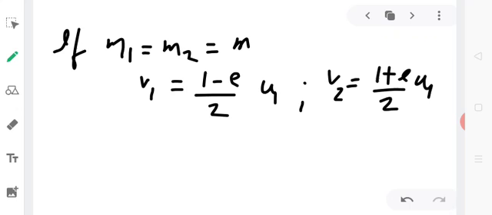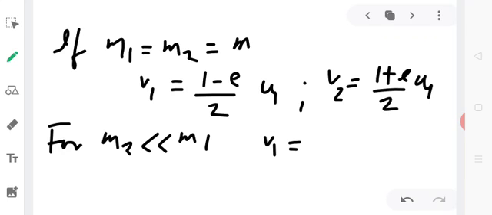Now if the mass of the target body is negligible as compared to the incident body, that is for m2 much smaller than m1, neglecting the smaller terms, we get v1 equal to u1 and v2 equal to (1 plus e) times u1.